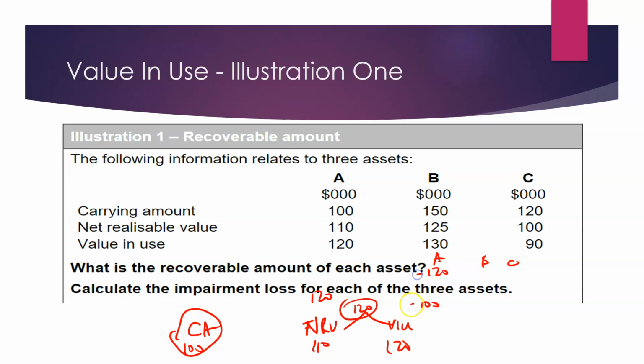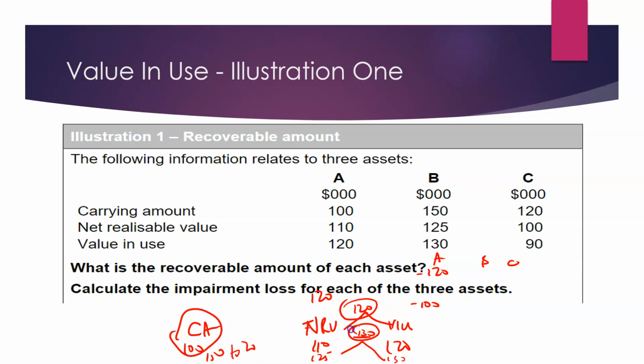For B, just following the same order, I have 150, I have 125, and I have 130. So again, the higher of the two is 130. The recoverable amount is 130, currently being recognized at 150. That needs to come down by 20, doesn't it?